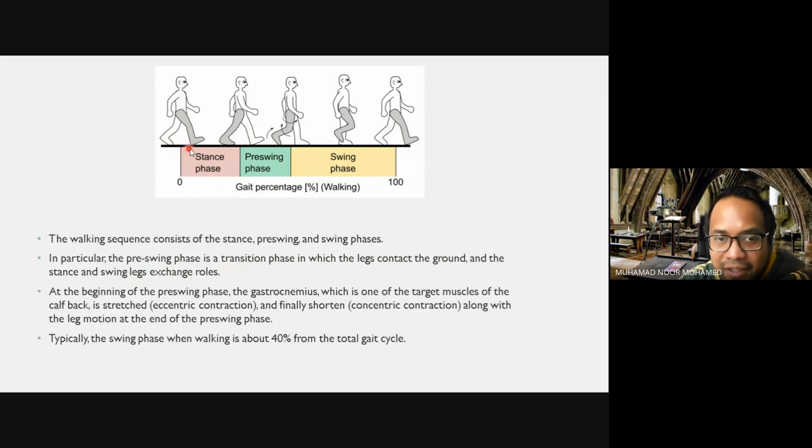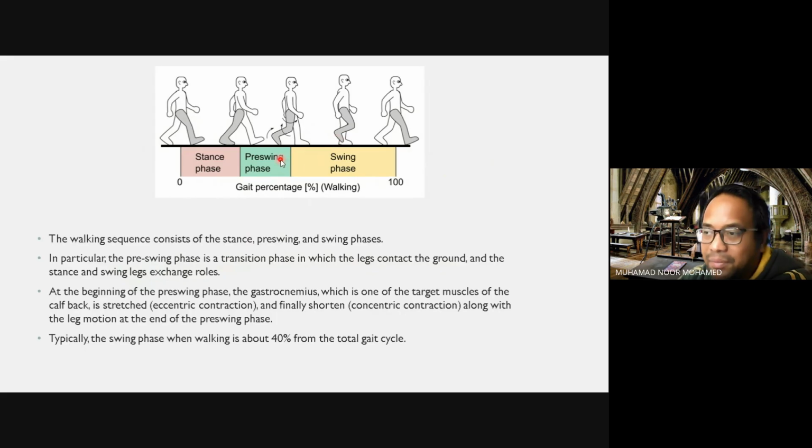Maksudnya fasa pre-swing, kaki kanan dalam keadaan bersedia untuk goes airborne. Kaki kiri now dalam proses stance phase. And then when the kaki kanan starts lift off, masuk kepada swing phase, kaki kiri berada dalam keadaan pre-swing.